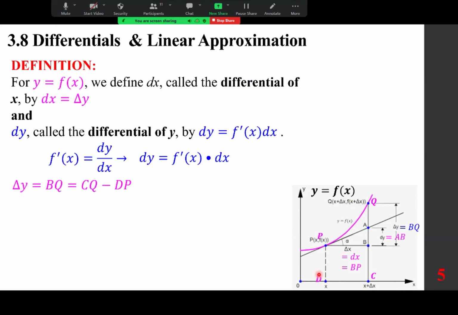So this rise along the curve is CQ minus BC. And so delta y is this distance, or f of x plus delta x, minus this distance, or f of x, precisely.